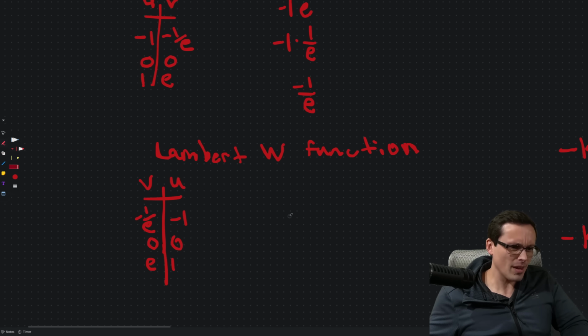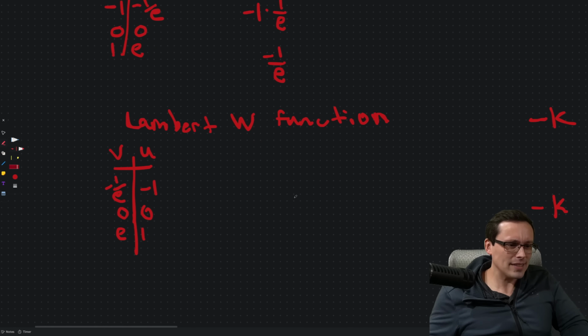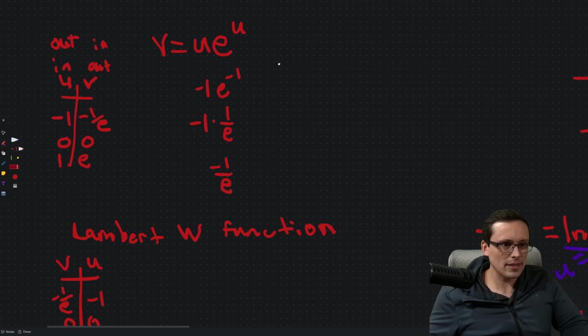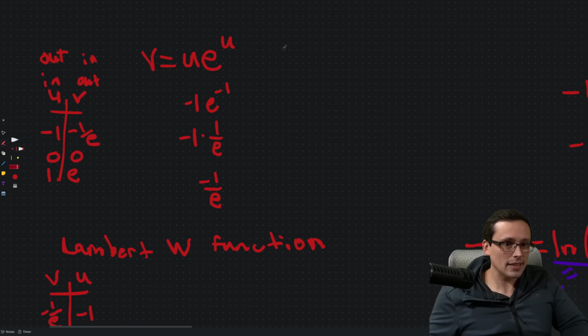So the basic idea, though, is just that if I input stuff into W, if it follows the reverse process of doing this, what that also then means is that if I input v into W, I get u. In other words, if I input this, I get this.